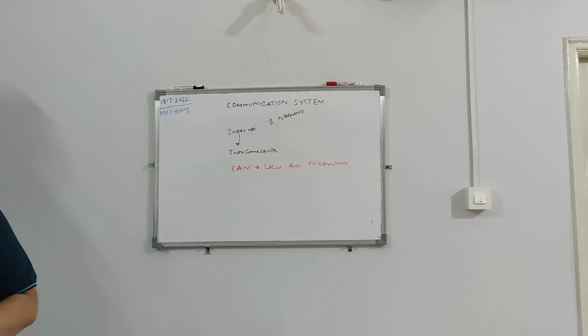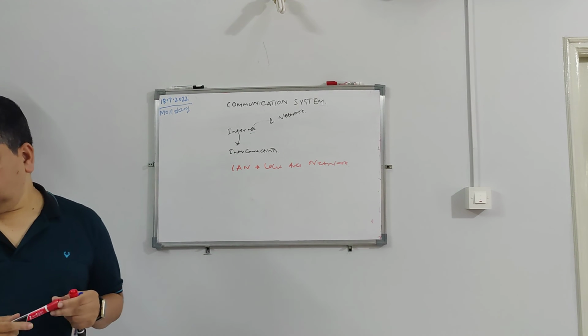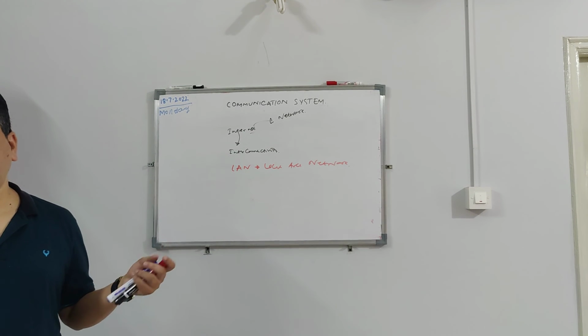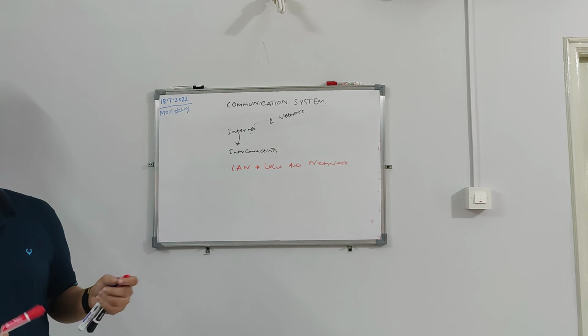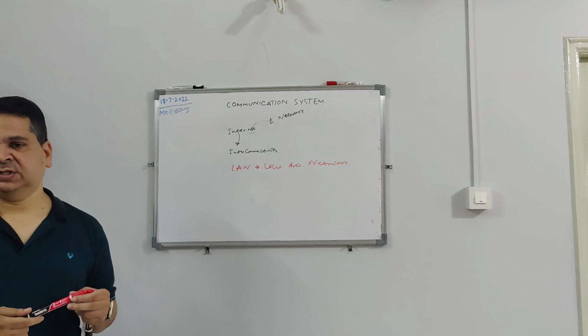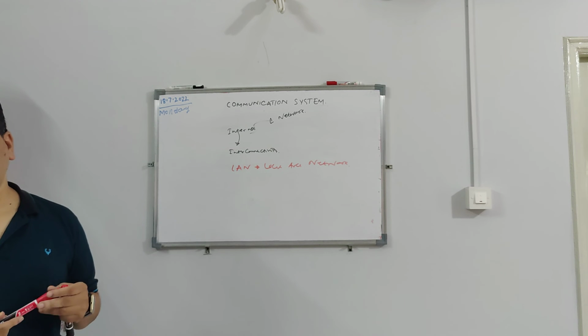What are the different applications of internet that you know already, like internet surfing, email, e-banking applications, whether fund transfer or any transaction, or applying for a loan. Then e-shopping, that is e-commerce, whatever you purchase through Amazon or Flipkart.